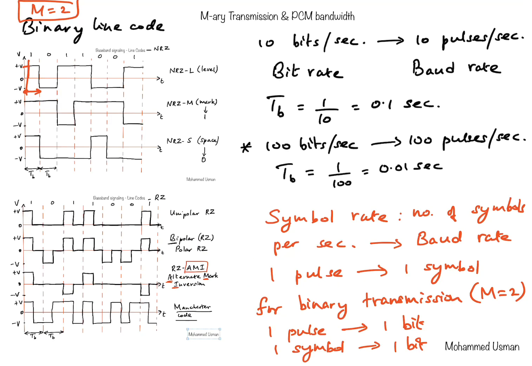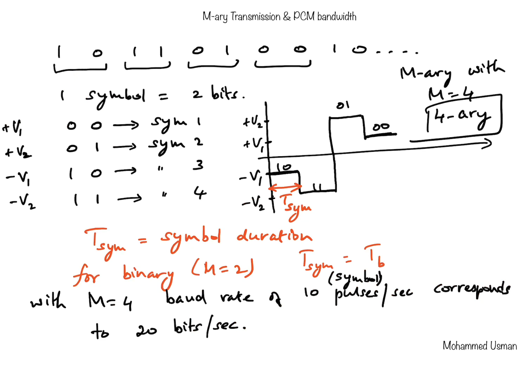So for the binary case, we had 10 pulses per second, giving us 10 bits per second. For 4-ary transmission, the same 10 pulses per second baud rate gave us 20 bits per second.